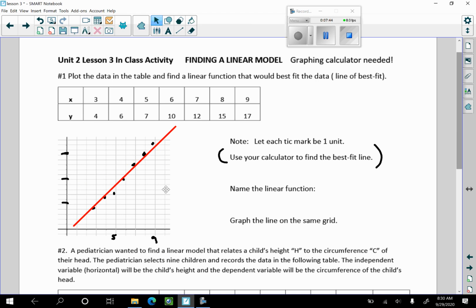Let's choose, we want to start at one of the beginning points. Why don't we just use the first point and the last point to make it easy. So we're going to use this point and this point.